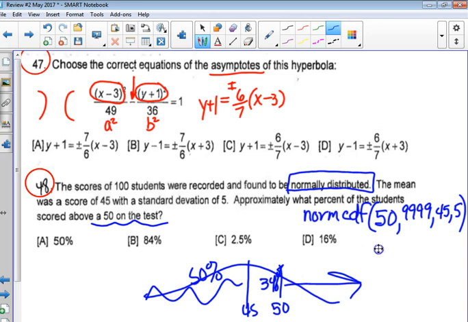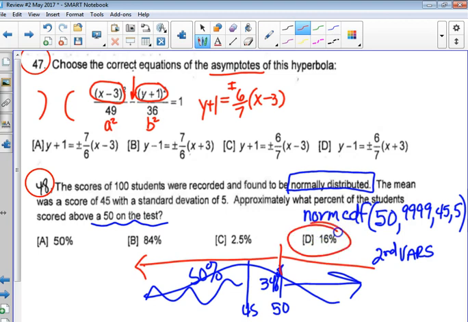Okay, second vars. Good question. And so it's everybody above here. This is 84%, so this would be 16%. It's like 15.6 or something if you use the calculator, right?